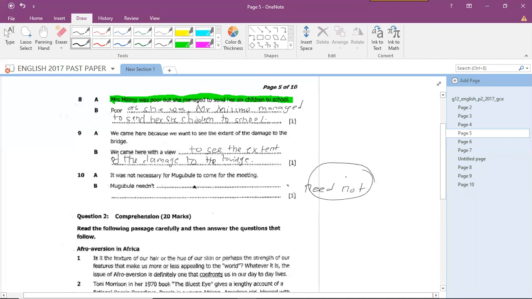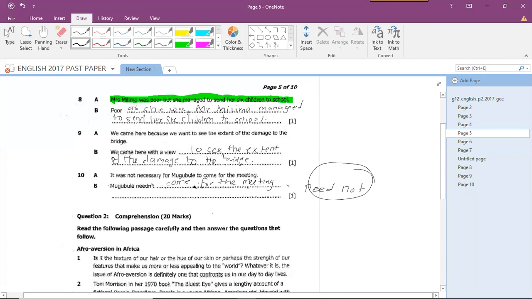So they have already added this. So all you have to do is Mugubule need not, just put the last part here, come for the meeting. So it still maintains the same thing.